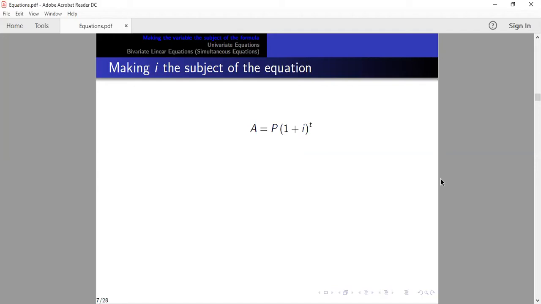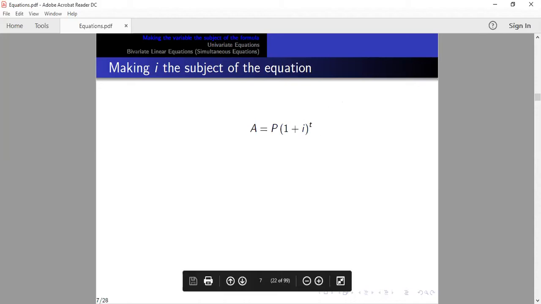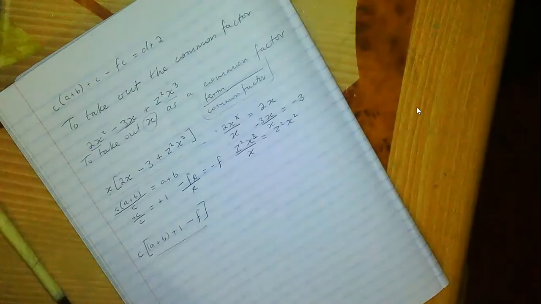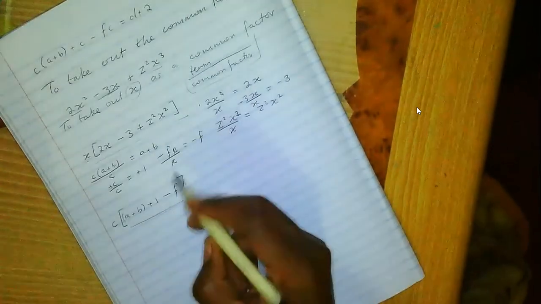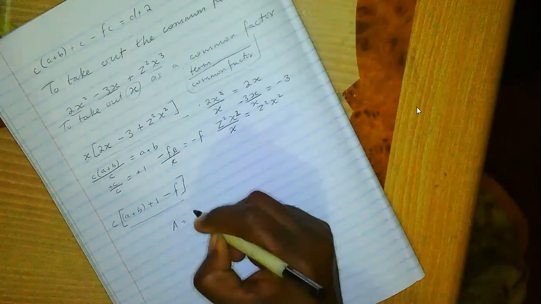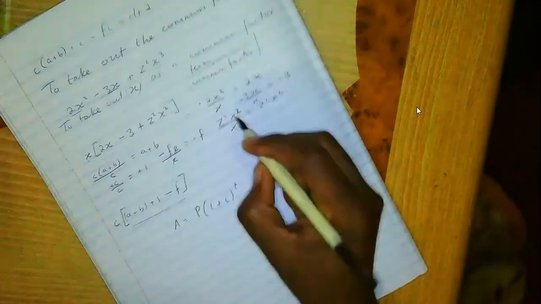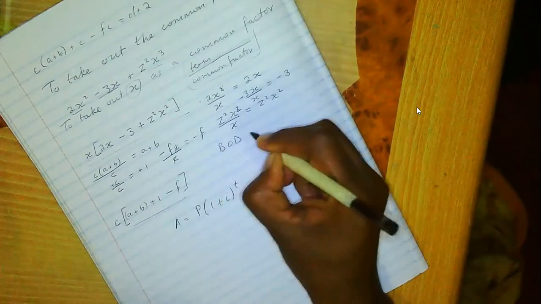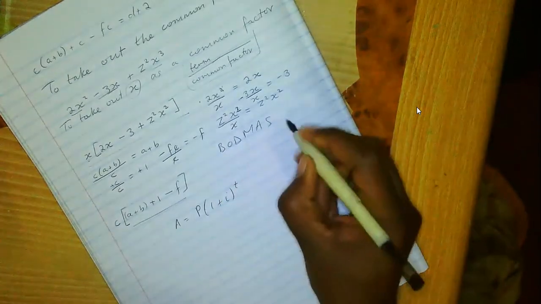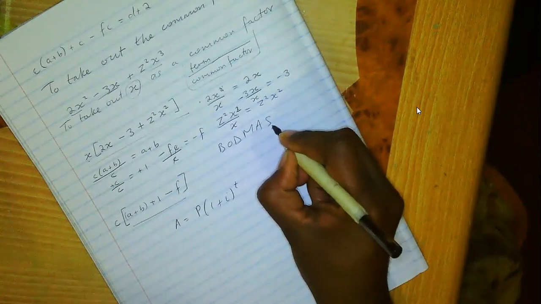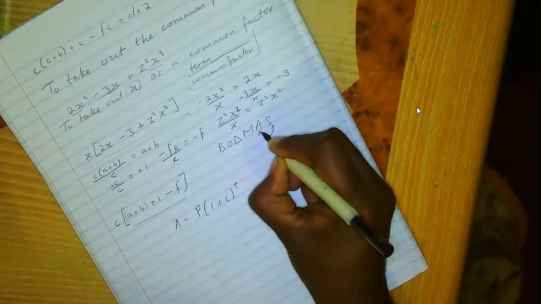Now, remember, when we're working with such variables, let me just explain something. How do you solve it? Now remember, with BODMAS, we start with here. Is it available? No. Okay, let's move to the next. Is it available?